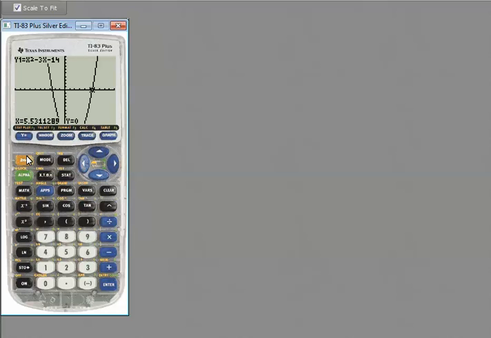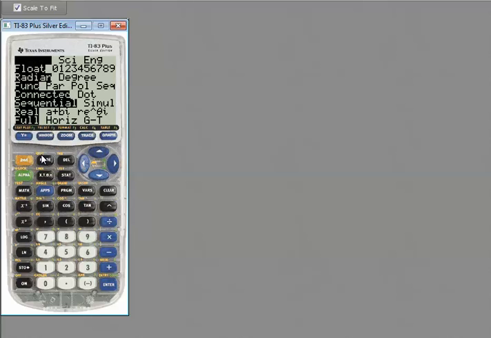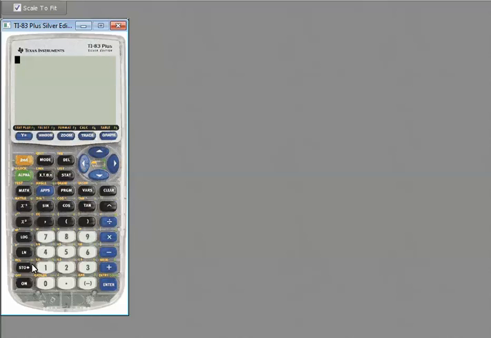I'm going to show you a couple things about this. If you go into the mode of the calculator, up here at the top where it says radians and degrees, we're talking about angle measurements. We're talking about degrees. If you don't change that to degrees, you will not be getting the right answers.